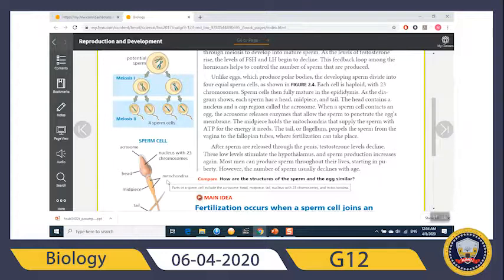So basically what happens is, in order for the production of sperms to be triggered, the hypothalamus will release hormones. Okay, these hormones will trigger the production of sperms. When this process is happening, the testosterone levels will be all-time high.